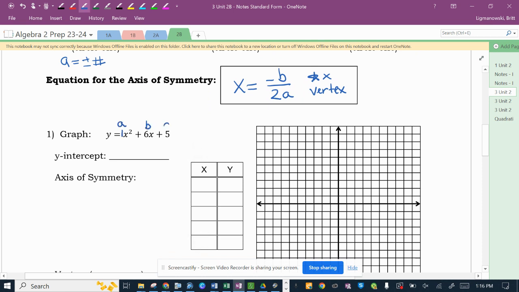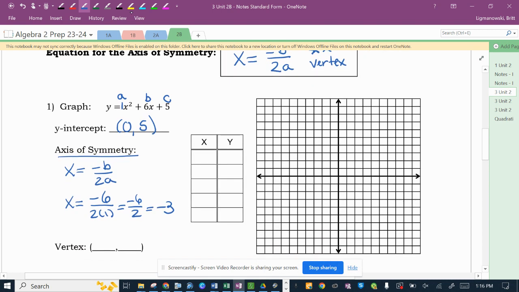A, B, C. So A is 1, B is 6, and C is 5. So C is always going to be my y-intercept, so 0, 5. My axis of symmetry, we're going to find it by doing opposite of b over 2a, which would be opposite of 6 over 2 times 1, which is negative 6 divided by 2, or negative 3.